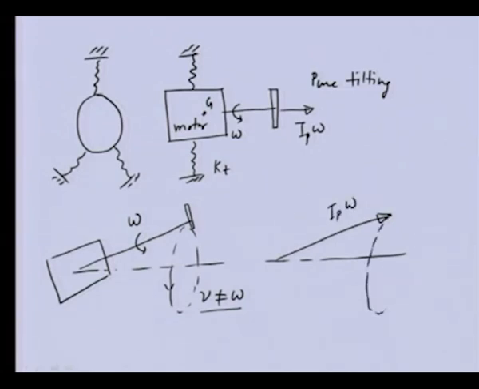This is the motion of the disc. This angular momentum will move along with the disc in the whirling direction. Let us say the whirling direction is counterclockwise when looking from the right side. This is the frequency of the whirl, and the tilting we are giving is, let us say, phi x angle.